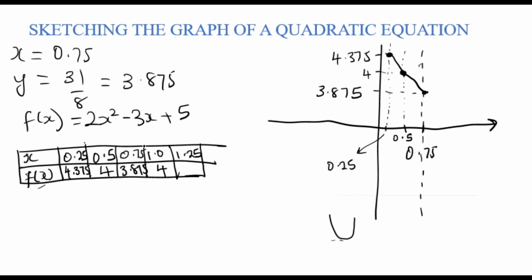But when you insert 1 into it, you are going to get 4. So we mark it over here, which is 1.0. It gives us 4. Then 1.25 gives us 4.375. Then you draw.